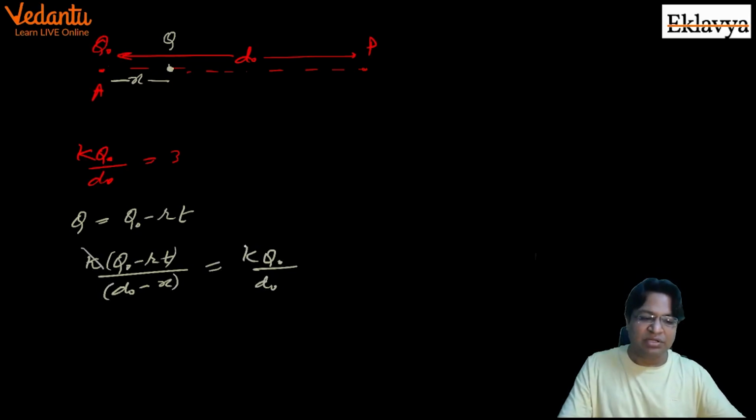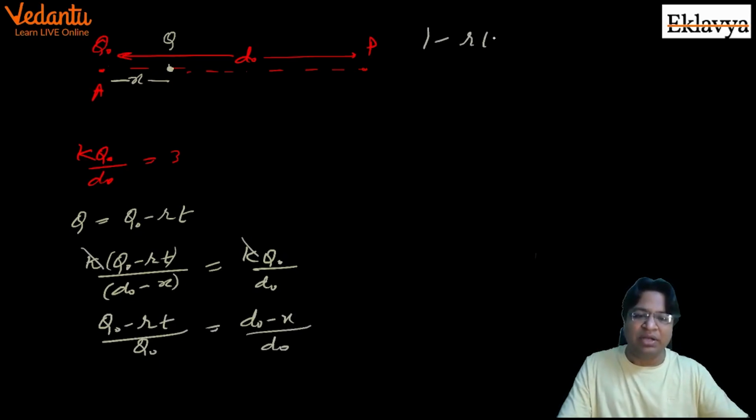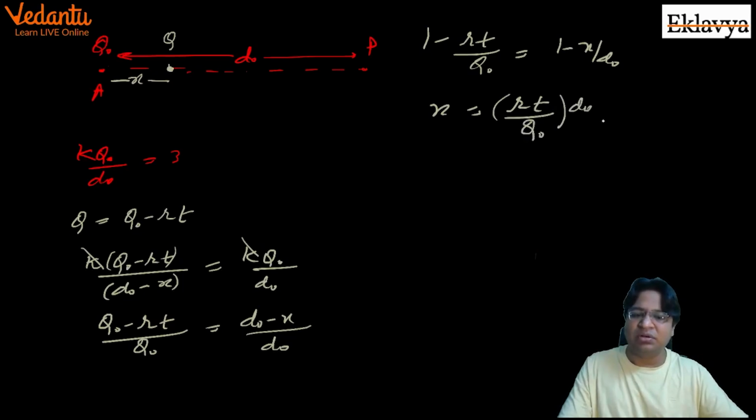So from here, this K gets cancelled, and what we get is that Q naught minus RT by Q naught is equal to D naught minus X by D naught. In other words, 1 minus RT by Q naught is equal to 1 minus X by D naught. The 1 gets cancelled, so the value of X is given as RT by Q naught into D naught.